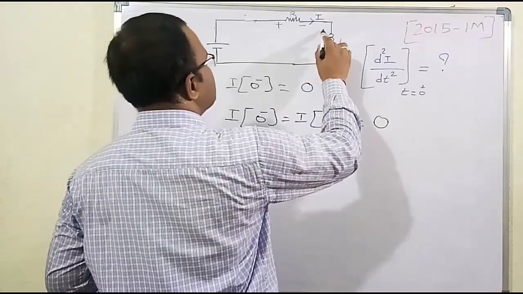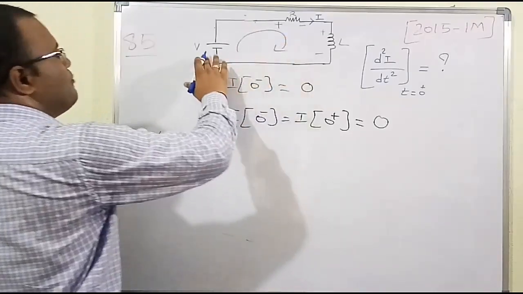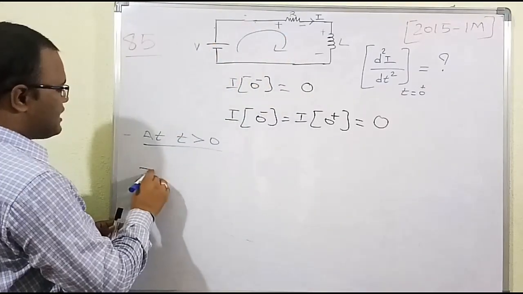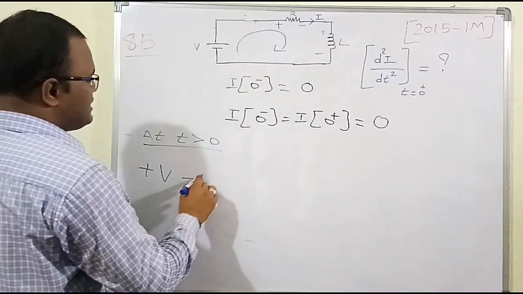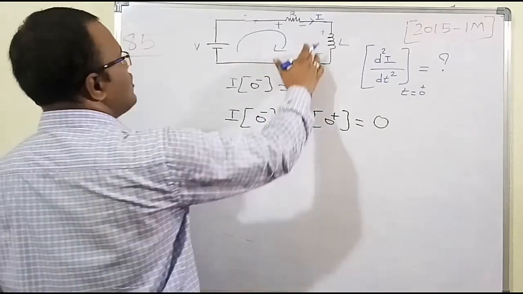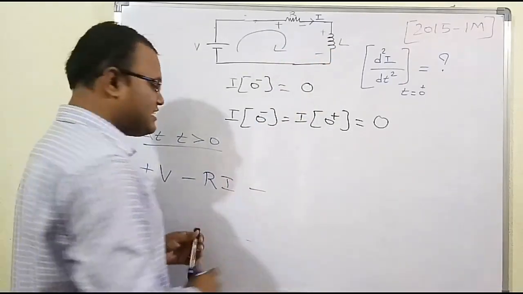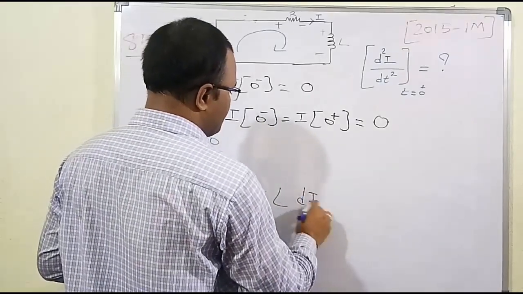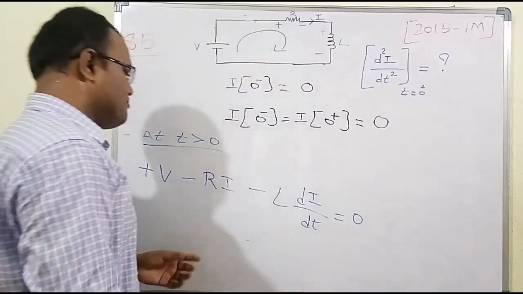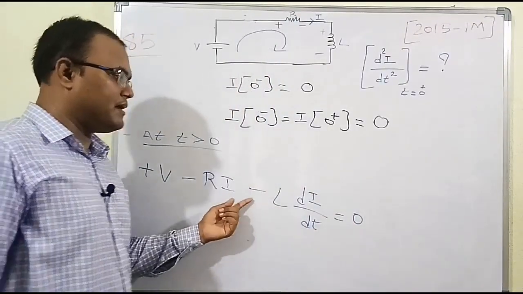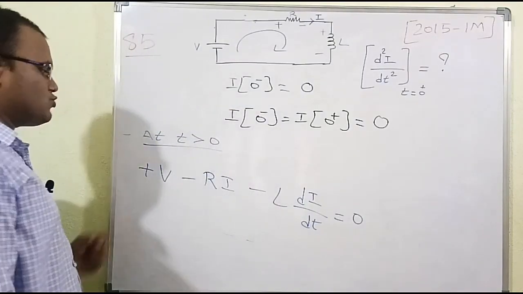By writing KVL in this closed loop, I am going from negative to positive, therefore there is a rise in potential which is plus V, and again there is a decrease in potential which is minus R into I. And similarly I am going from plus to minus, therefore decreasing potential. So the voltage across the inductor is L into di by dt. So now V minus Ri minus L di by dt is equal to 0. This is the KVL expression of this closed loop.